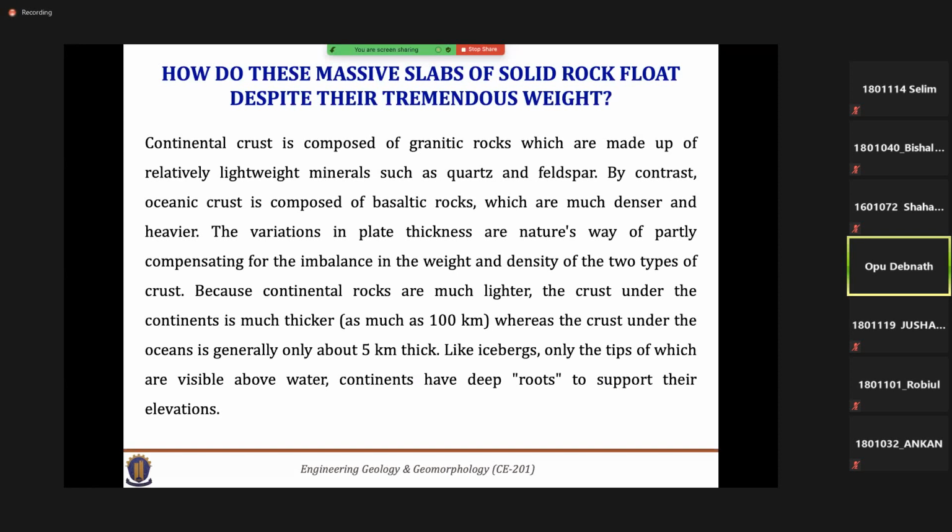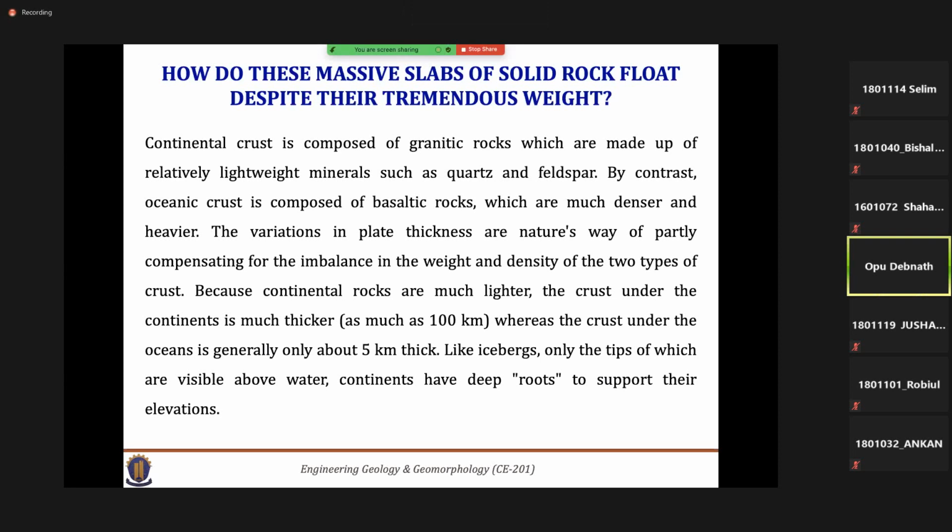And if we consider two plates moving towards one another, at the point of convergence, these two plates have different weight. Due to the imbalance of this weight and the density of the two types of crust, this movement occurs.